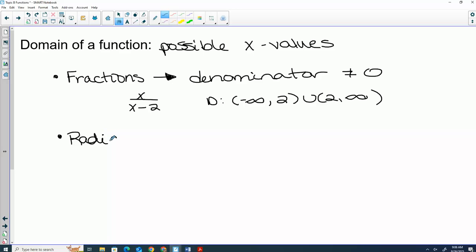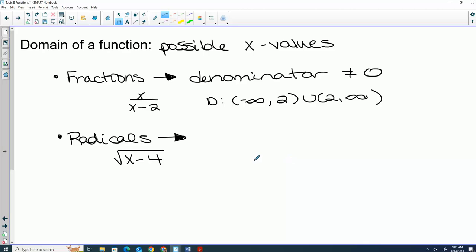What about with radicals? What do we have to remember there? So I said the square root of x minus 4.